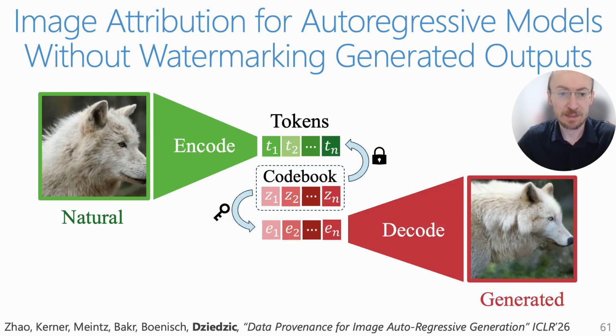We also analyze the initial tokens, shown in red, that led to the generated images, and we found that the tokens shown in red for generated images are closer to the codebook entries than the green tokens that represent natural images. This was the key to identify generated images without watermarking them.